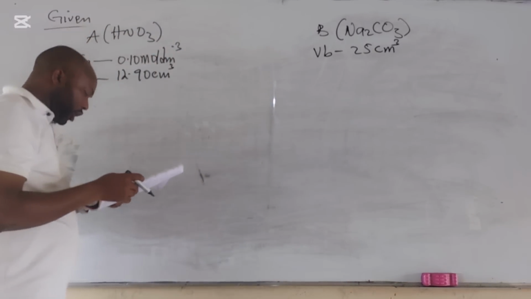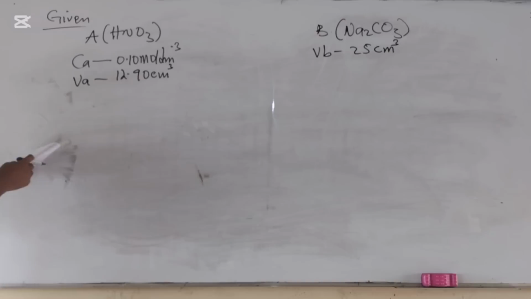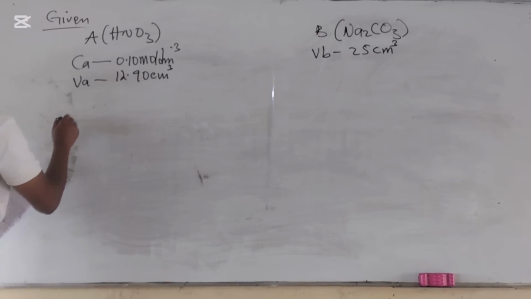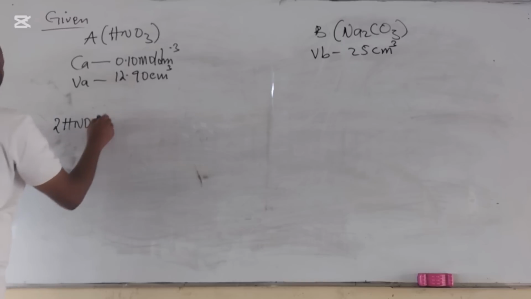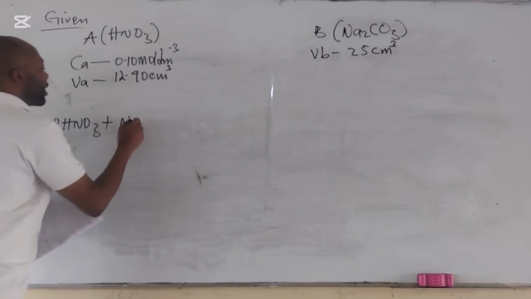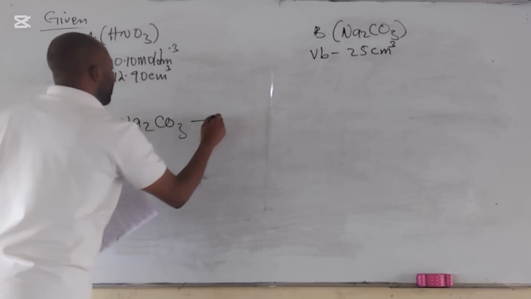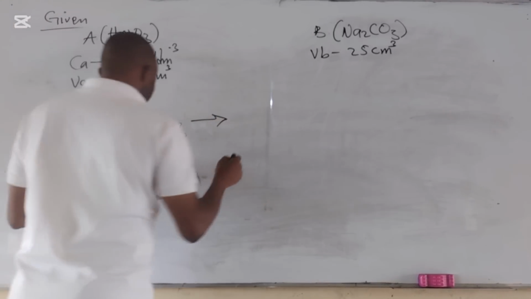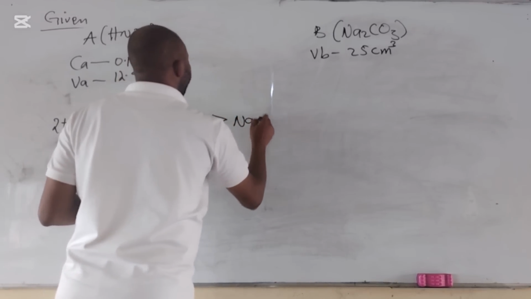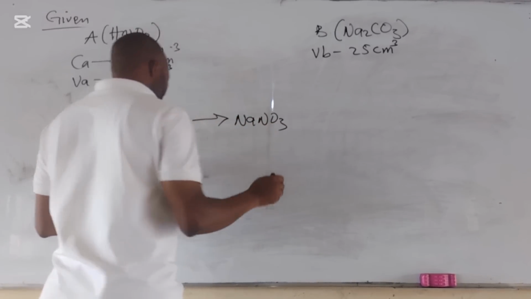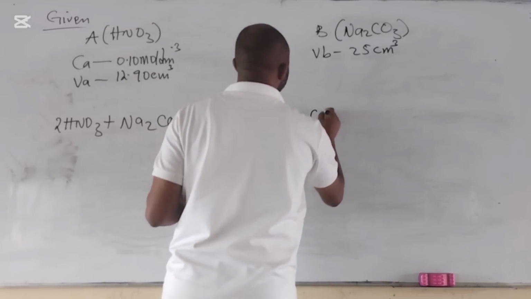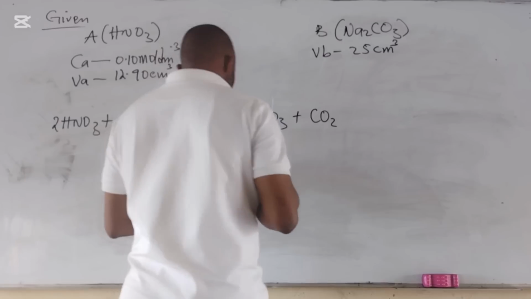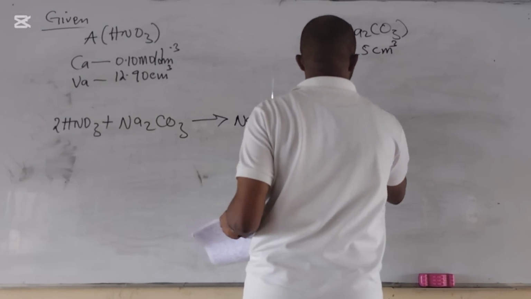The equation of reaction is given to be 2 moles of HNO3 plus Na2CO3 gives us sodium nitrate plus CO2 plus water.